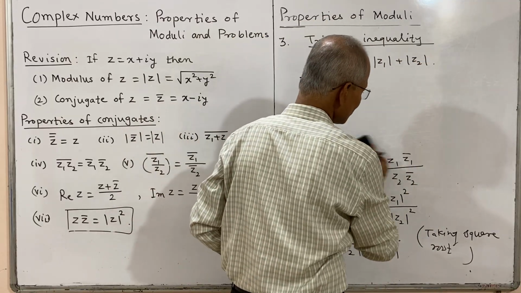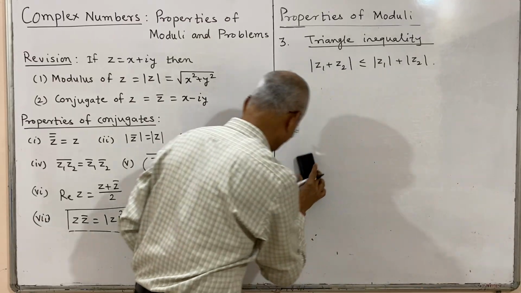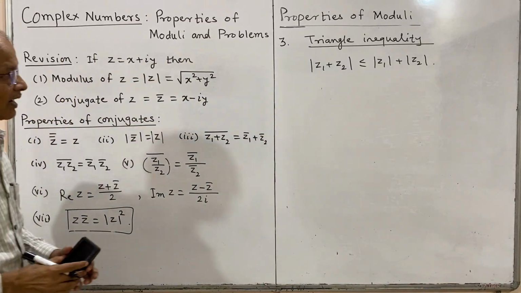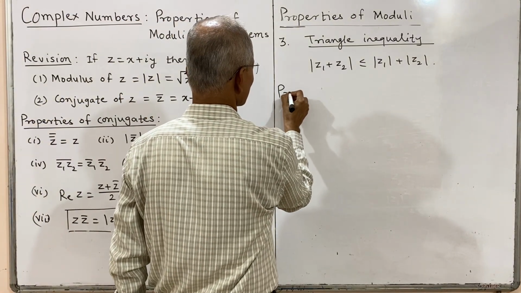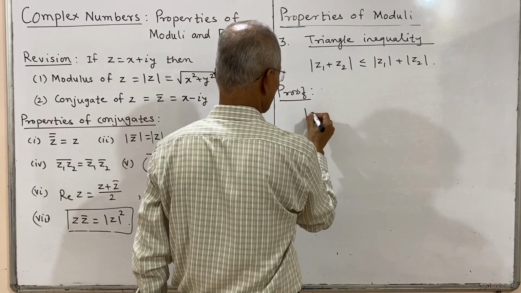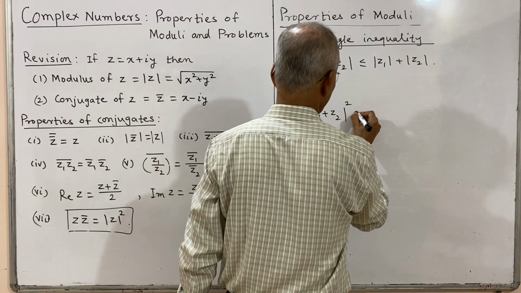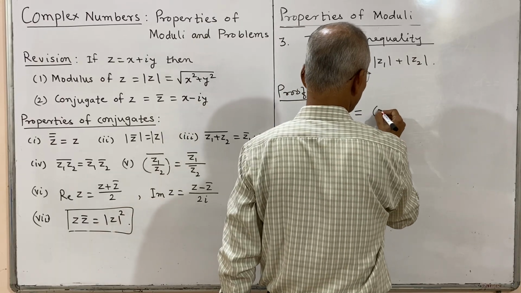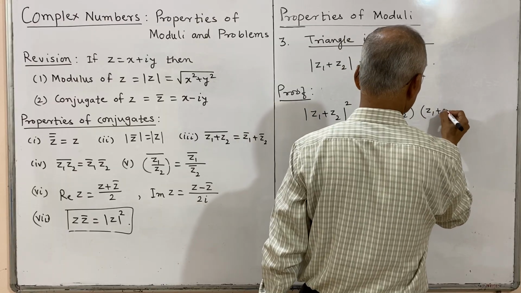Now to prove this property, we shall start with the same result, the last result that we have written here, and that we have used in the earlier two properties. So the proof for this is, we have the square of mod z1 plus z2.